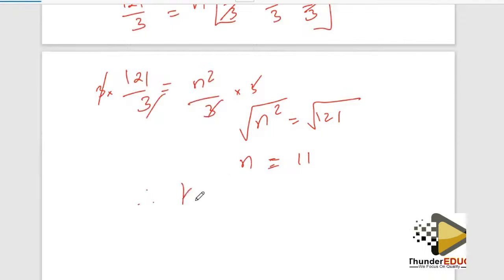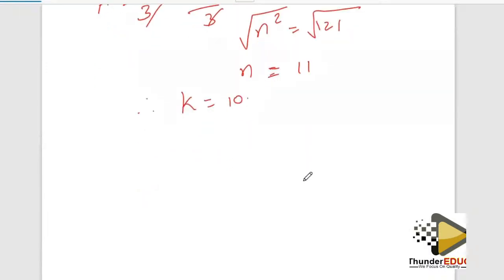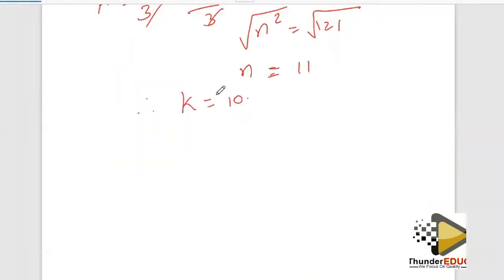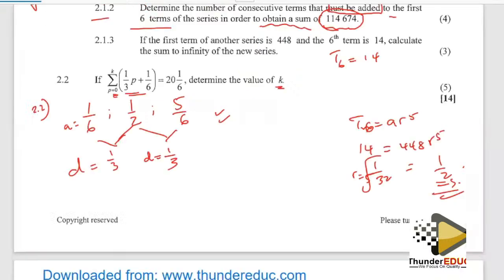So we're going to say that k becomes 10. k will be 10, since we are starting the counting from 0. P0, P1, P2, P3, P4, which means the last number must be P10, which will represent 11 terms.